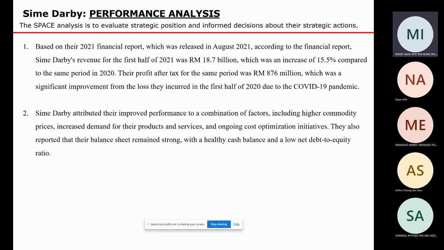For the performance analysis, based on the 2021 financial report released in August, Sime Darby revenue was 18.7 billion, which increased compared to 2020.